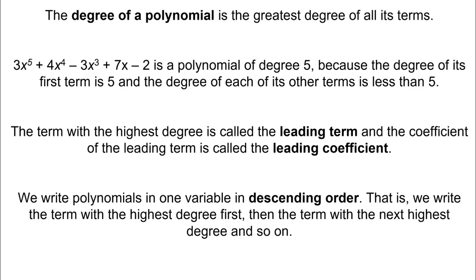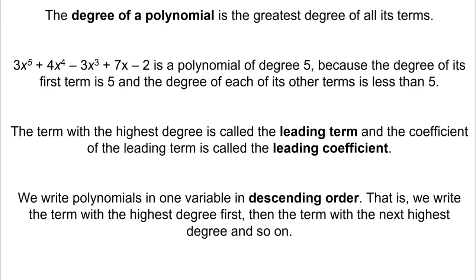So for example, 3x to the fifth plus 4x to the fourth minus 3x to the third plus 7x minus 2, that's a polynomial of degree 5 because the degree of the first term is 5 and the degree of the other terms is less than 5. So that's a degree 5 polynomial.